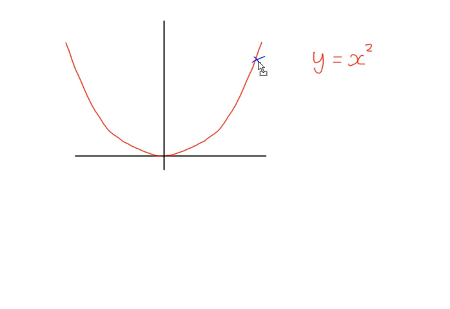In mathematics, to work out the gradient of a curve at any particular point, we're using something called differentiation. It's a technique used to work out gradients of curves.